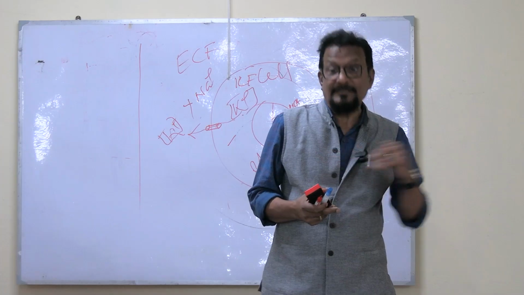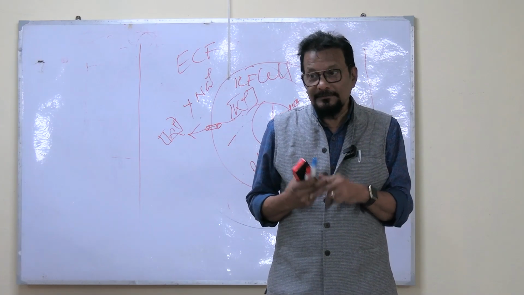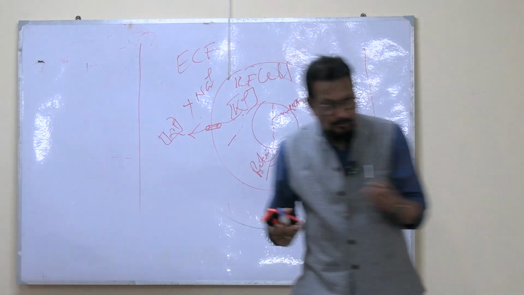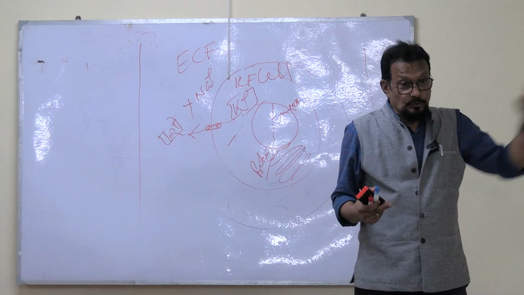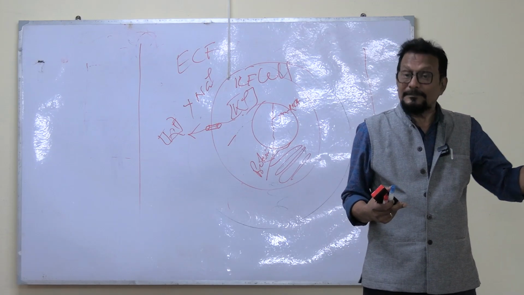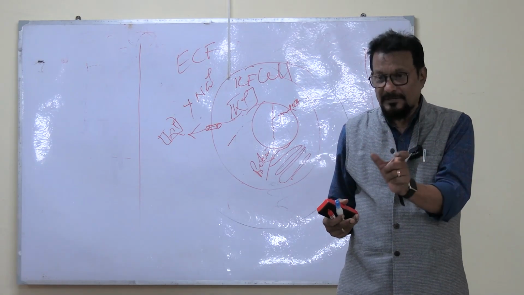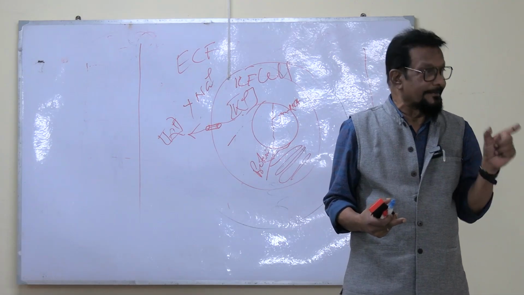Now since potassium has left, leaving chloride ion, inside will be negative, and outside it is bringing a positive charge. It is going because of a force, the concentration gradient.